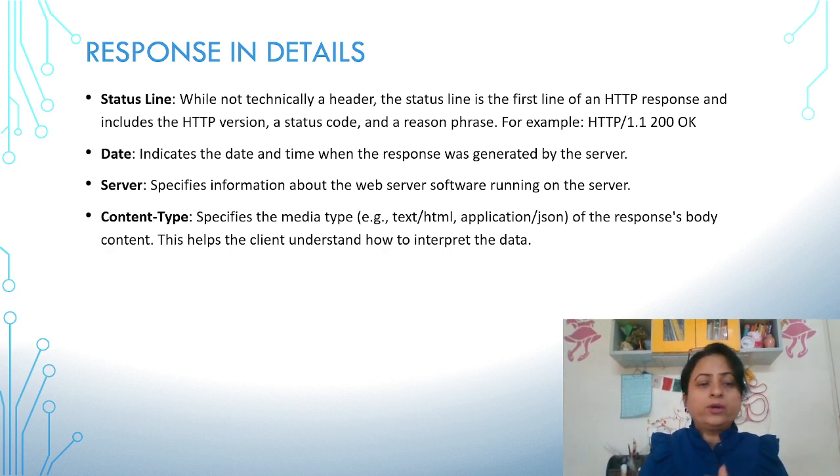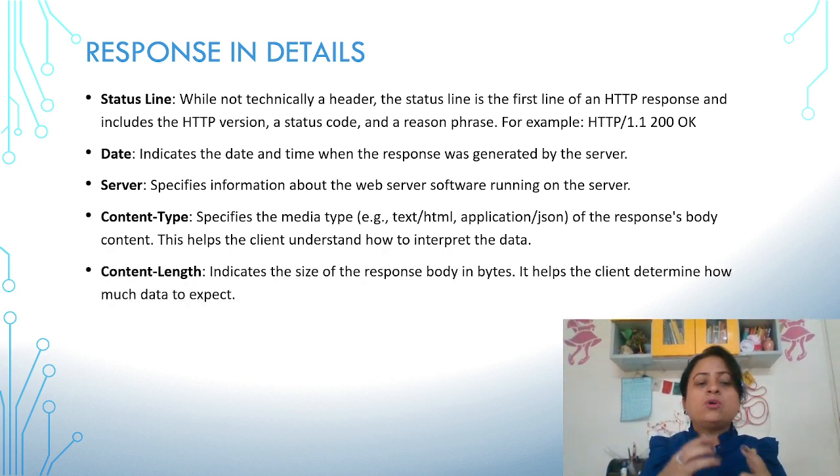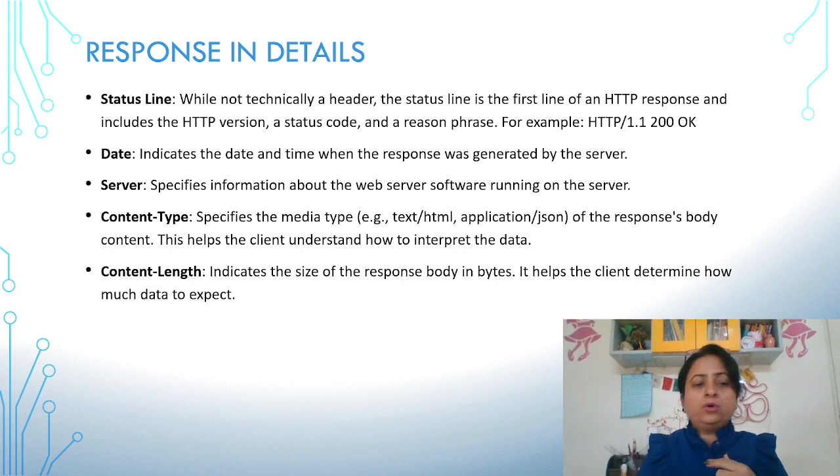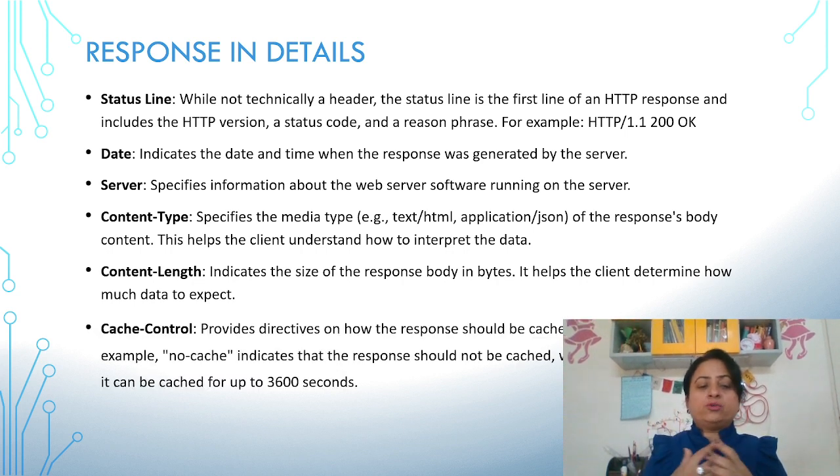So content type always helps a client understand how to interpret the data which you get from the remote server. Okay, so next is your content length. Content length is the size of the response body in bytes. Like in the request, you have the content length in the response as well. And then cache control. Cache control means how the response should be cached and for how long.